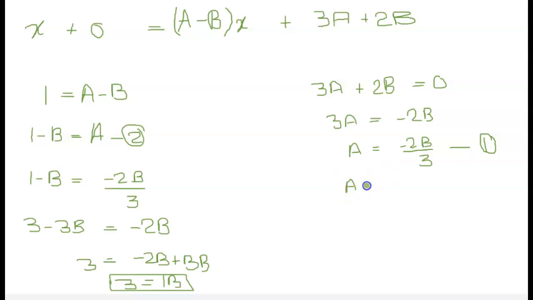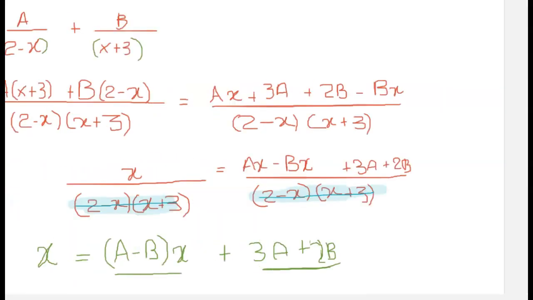So a equals minus 2 times 3 over 3, which means a equals minus 2. So now I got the value for the a, and I have got the value for the b. So b is 3 and a is minus 2.